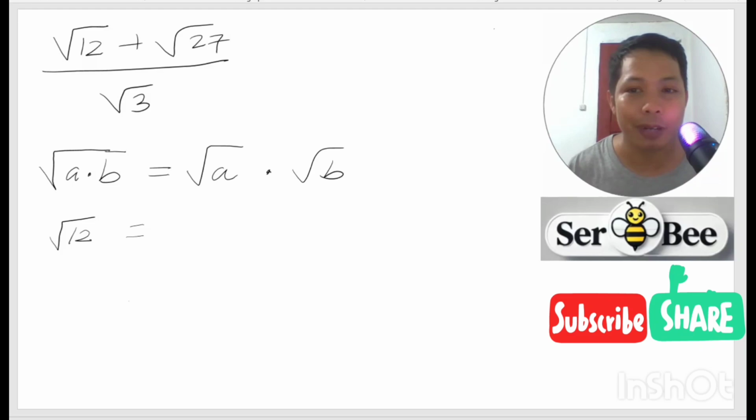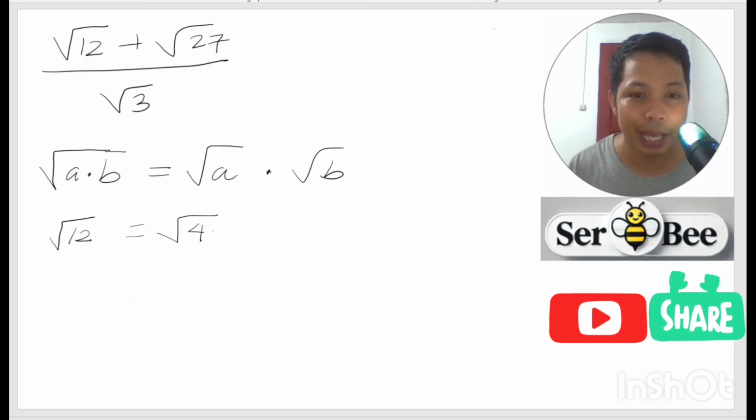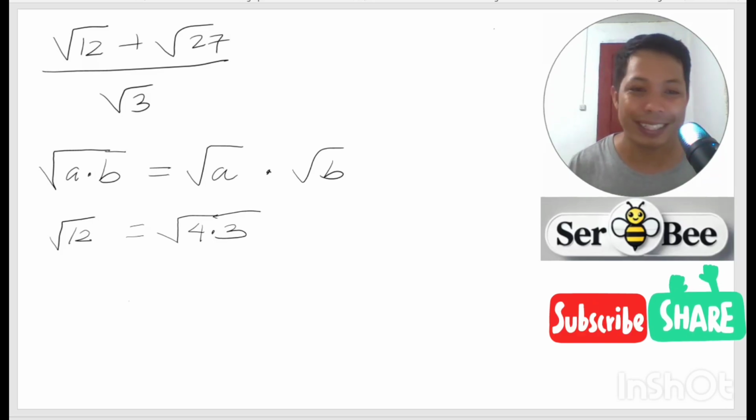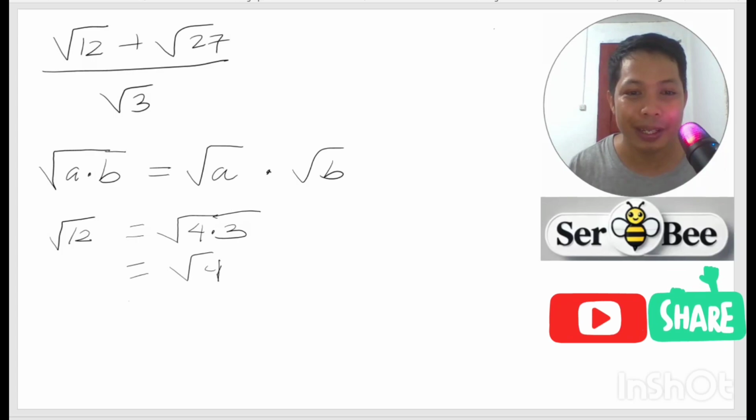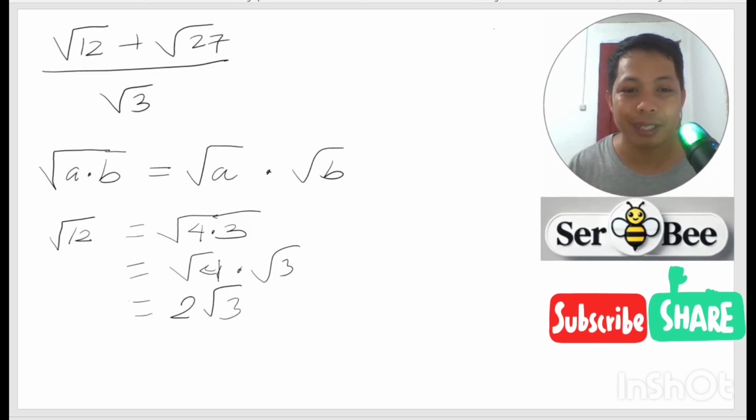Using this law of radicals, square root of 12 is square root of 4 times 3. This is equal to the square root of 4 times square root of 3, which is equal to 2 square root of 3. So the first term is 2 square root of 3.